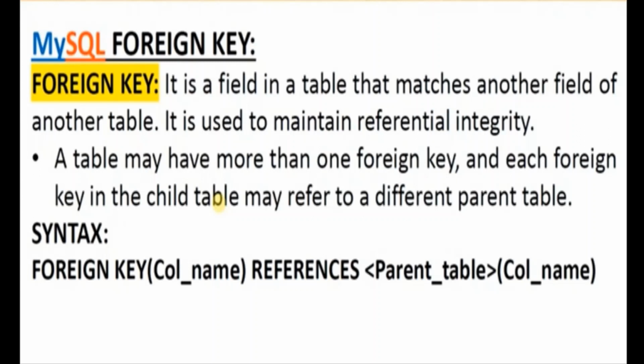Means the parent table will have a column which is acting like a primary key, and the similar column will be used in the child table to create a connectivity with that parent table. So the parent table primary key will act as a connector to create a connection with the child table. Okay, let us see how it will happen.